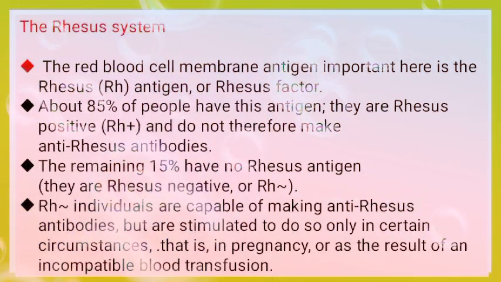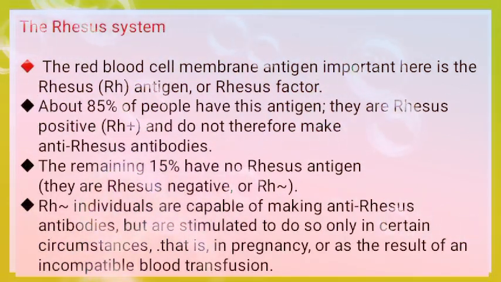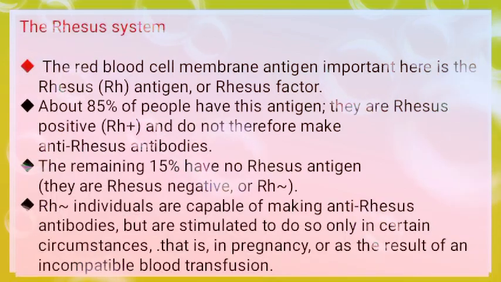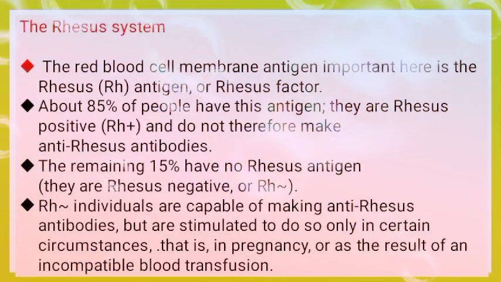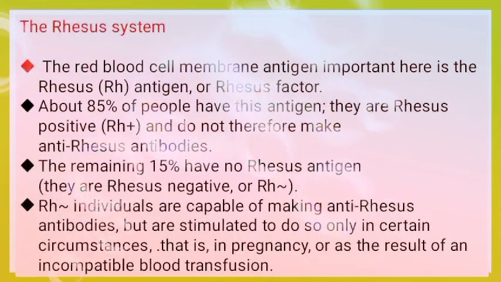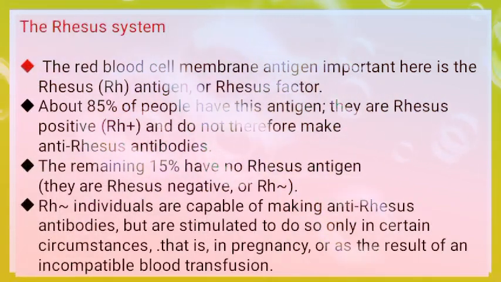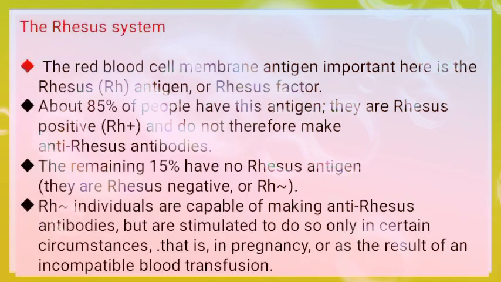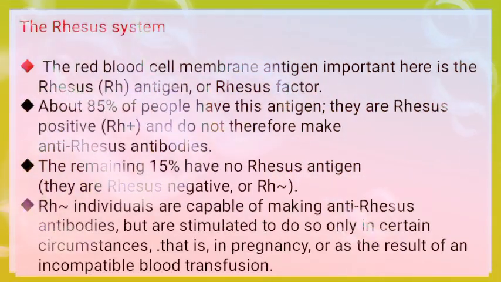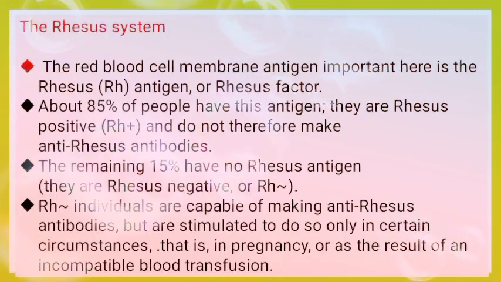Mostly it is known to be the antigen D, though it is just written as the Rhesus antigen or the Rhesus factor. According to research, about 85% of people have this antigen, and because they have the antigen, they do not make antibodies against it.